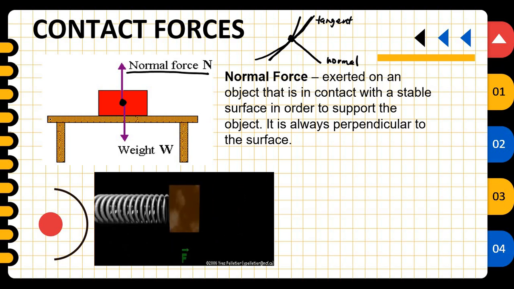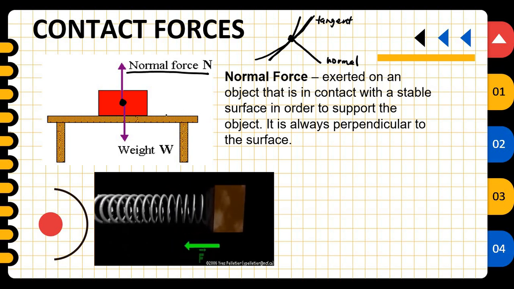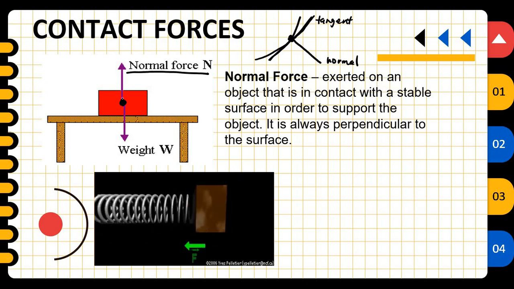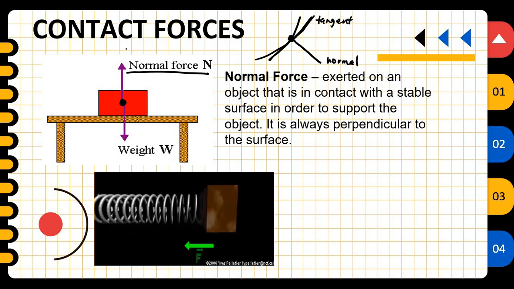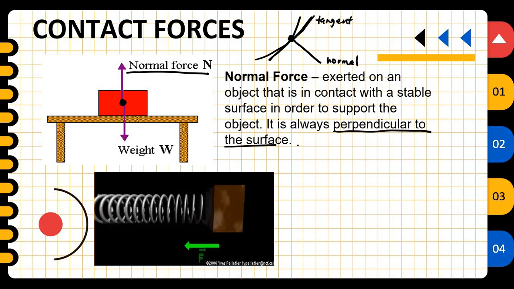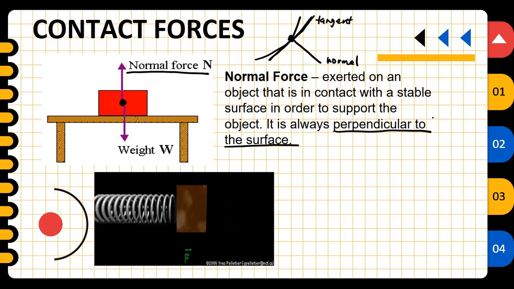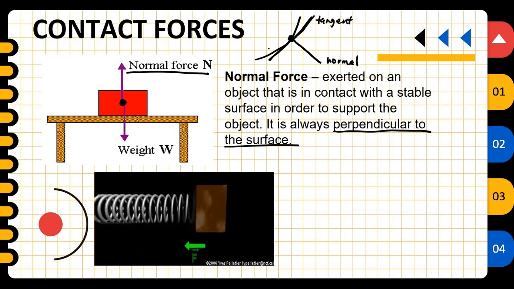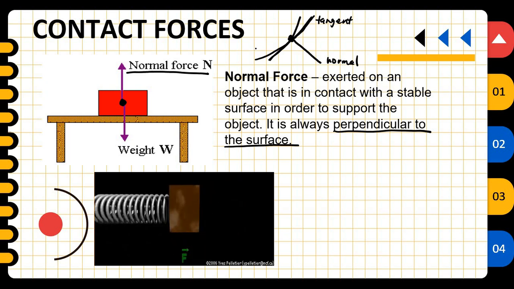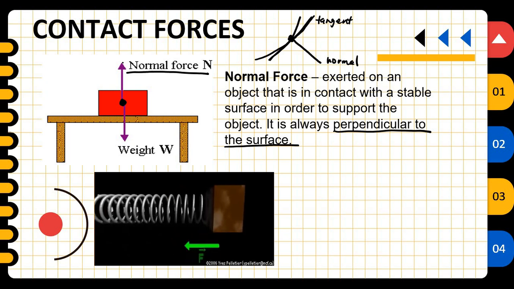So the table surface would be the tangent line, and the normal force is perpendicular to the surface. You should always remember that the direction of the normal force is always perpendicular to the surface. So that's it.